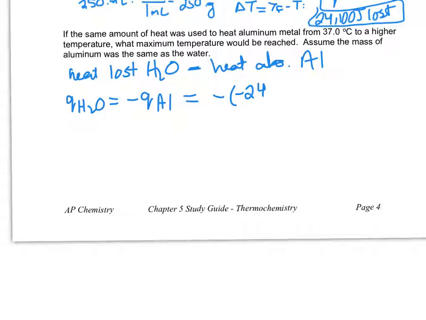So water's energy was negative 24,100 joules because it was releasing. So if you put a negative in front of that, then it's going to be positive 24,100 joules. That's my Q of aluminum.